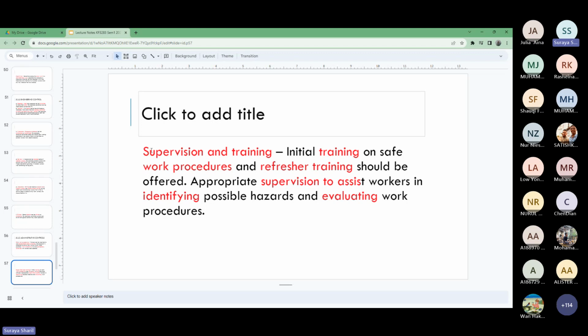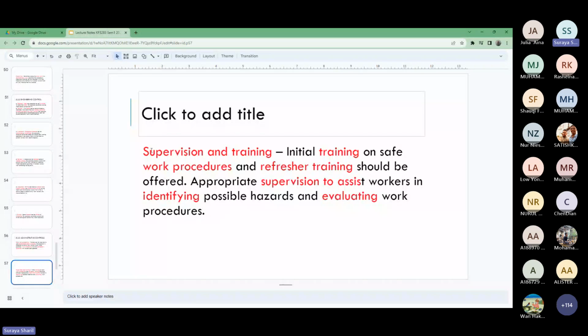So each level there will be a training session, and it is not a one-time process. It's yearly, or there will be a suitable duration agreed, and it is a continuous process, because in any company there will always be newcomers, new employee, new staff.